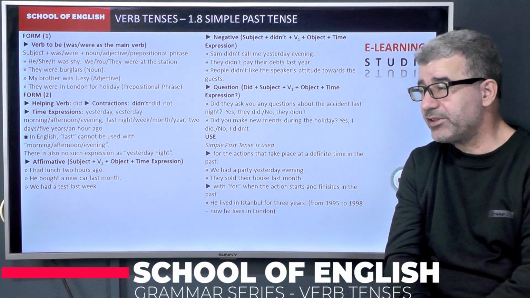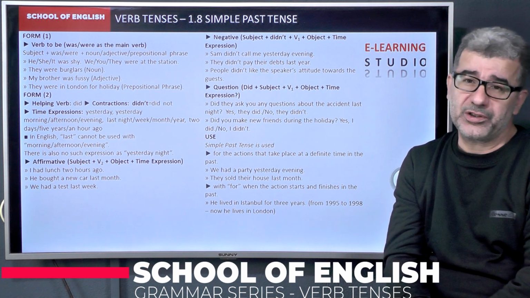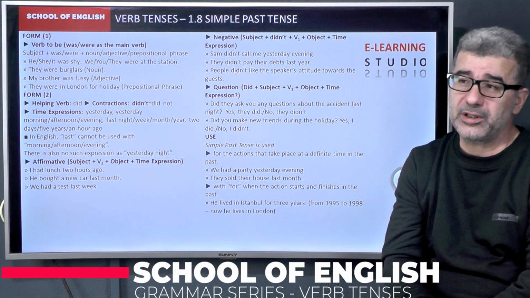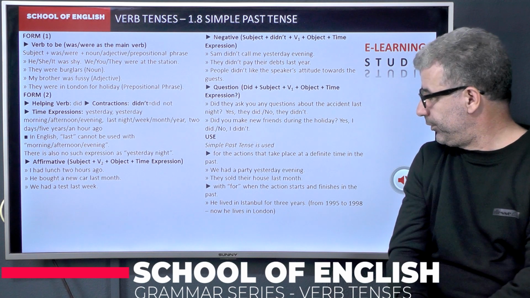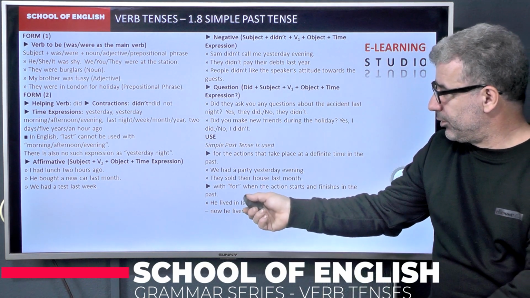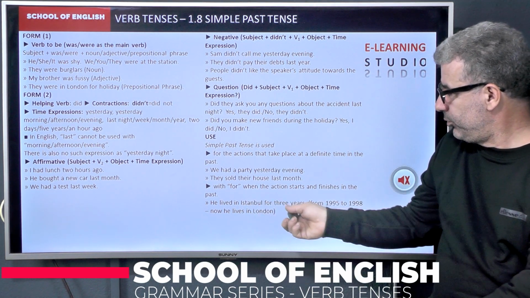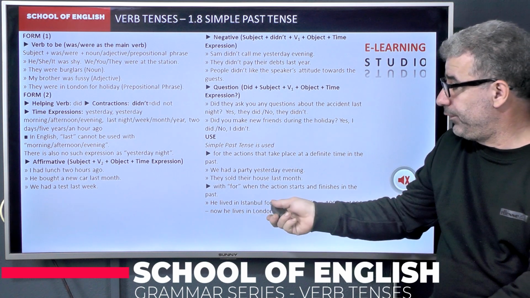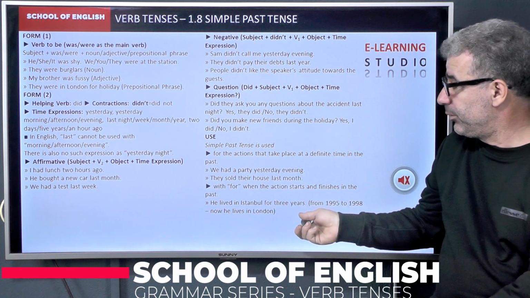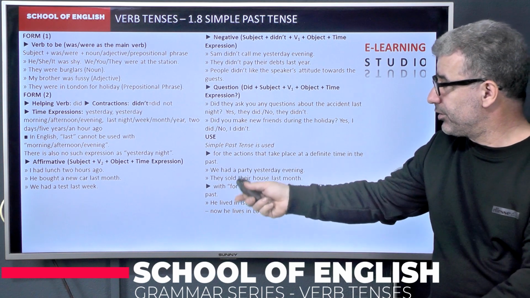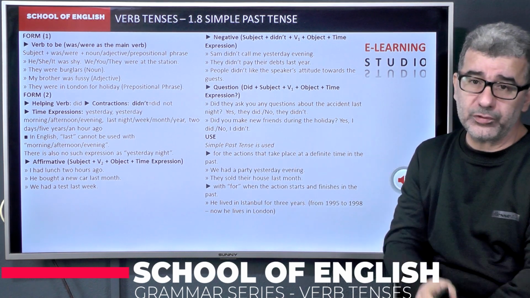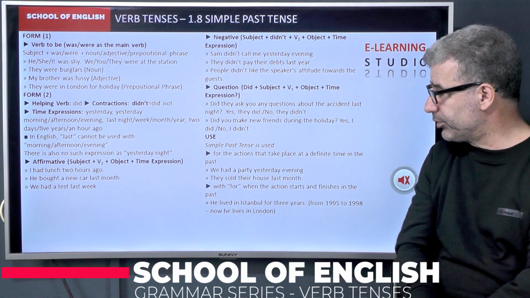If it reaches present time, then you need to use present perfect or present perfect continuous tense. If the duration given finishes in the past, then simple past can also be used with for. This is an important detail.